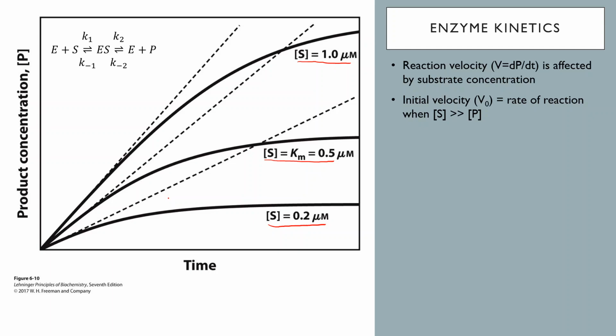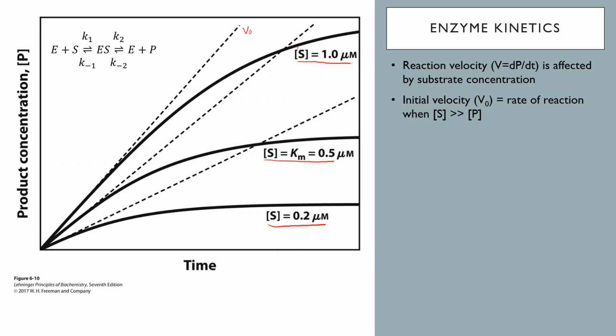But in the first few seconds or minutes, the substrate concentration should be much higher than the product concentration, also usually higher than the enzyme concentration. During those first few seconds or minutes, the reaction velocity, the change in product concentration over time, should be more or less linear. That's what these dotted lines represent. Each of these is the initial velocity for these different substrate concentrations.